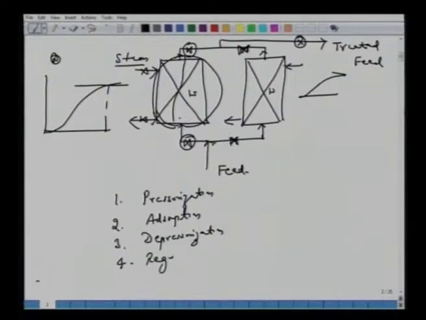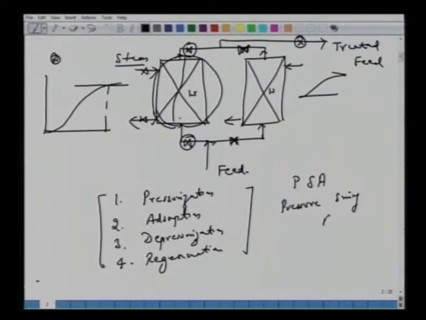So typically these are the 4 steps we have in a continuous cycle. We call it PSA: pressure swing adsorption. So we swing the pressure between the two beds.